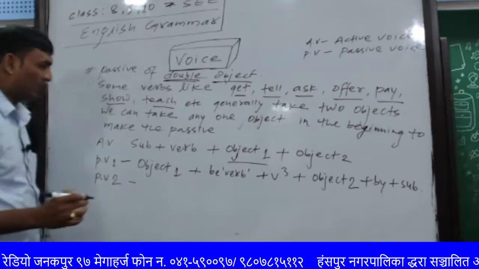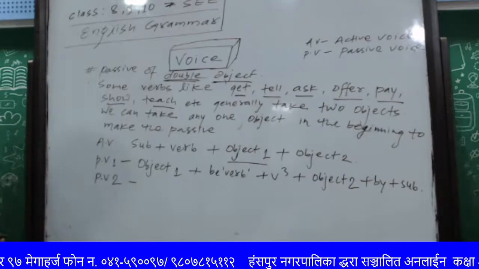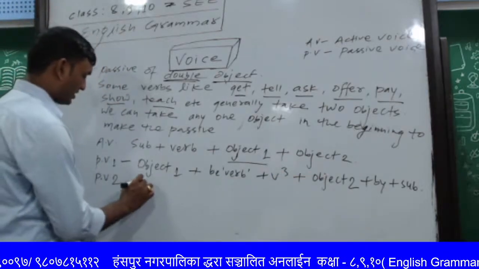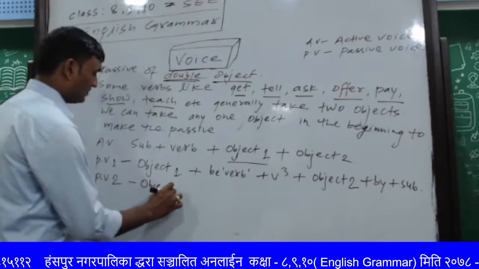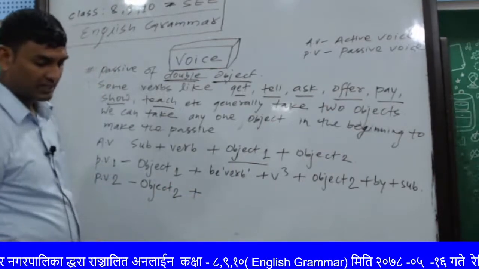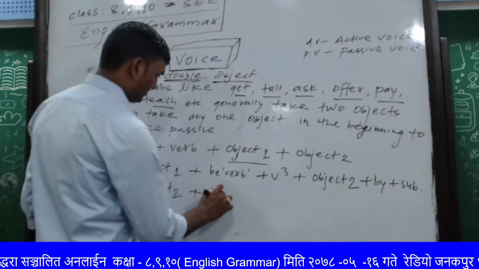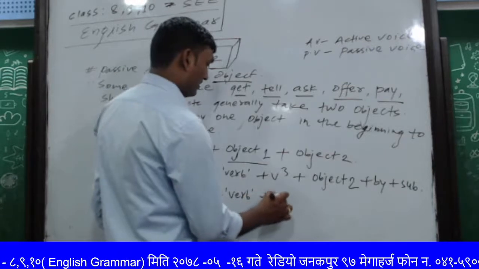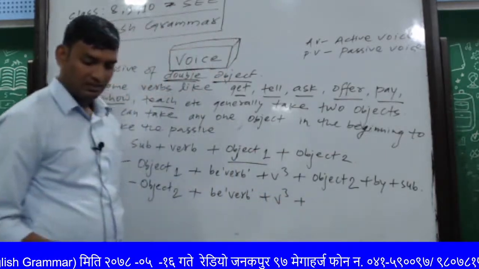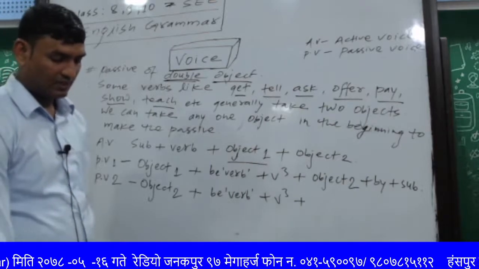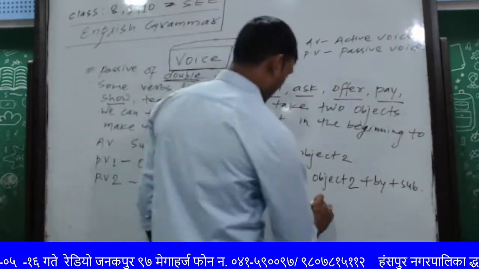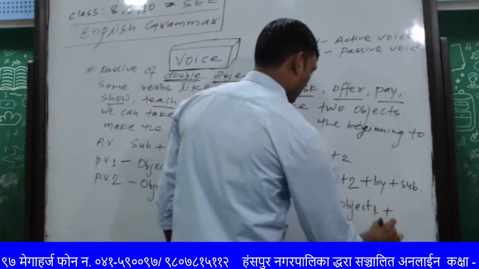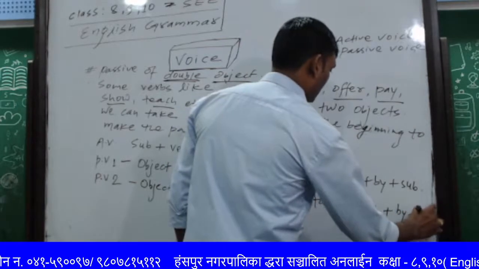Then PV second, passive voice second. It means when in the beginning of the sentence we take object second, the structure of passive voice is: object second, after object second be verb, and be verb means is, am, are, was, were, then V3, then after V3 to plus object first, then by plus subject.